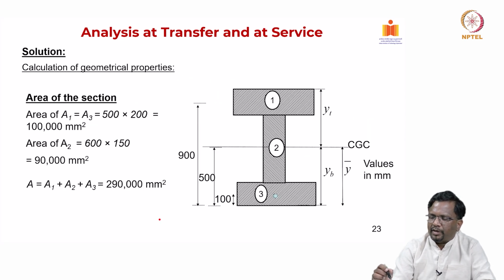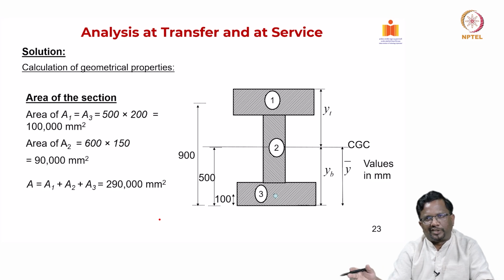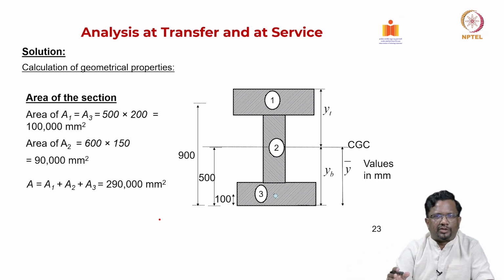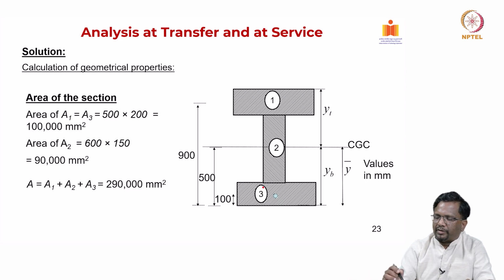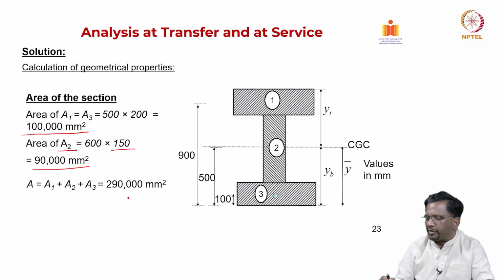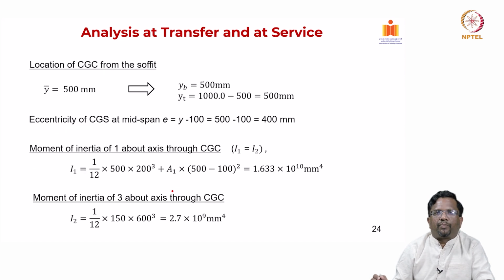As we see, the first thing is, let us calculate the geometry of the cross section. This is the same cross section that we have been using in this course. If I divide this into rectangles, you can see A1 and A3 will be equal to 100,000 millimeter square, A2 will be equal to 600 into 150, that is 90,000 millimeter square. So, total area is 290,000 millimeter square.